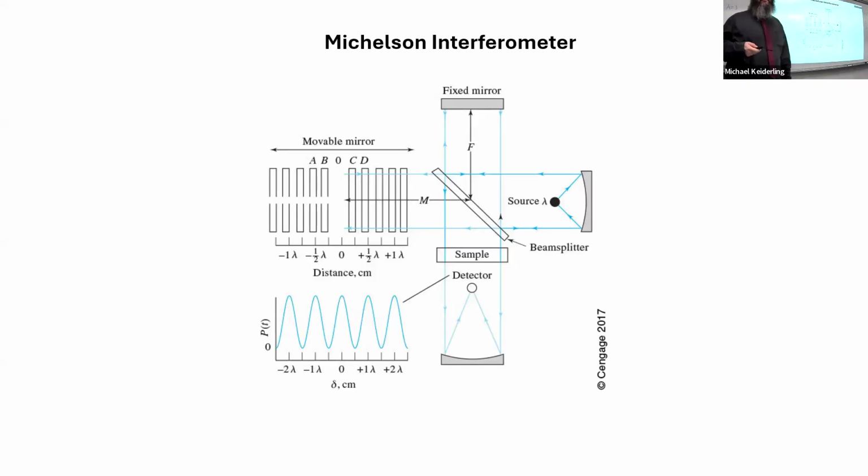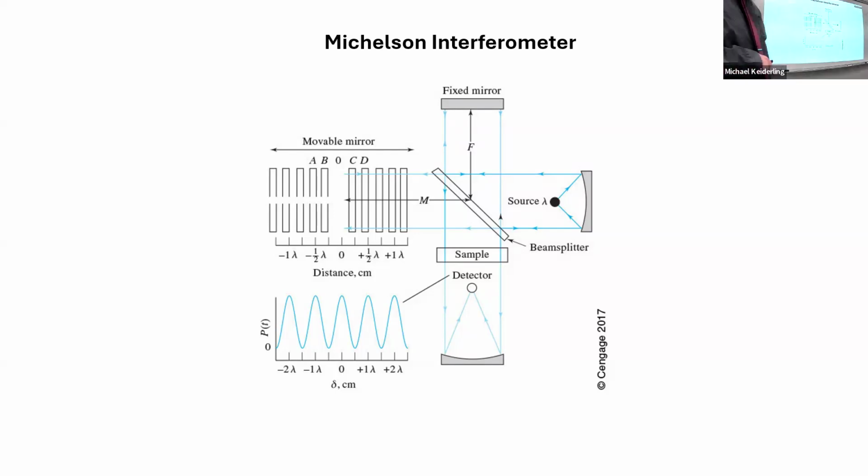Usually they use something like a Michelson interferometer with a movable mirror and a fixed mirror. As you move the mirror, this changes. You get a wave that occurs as a function of how many wavelengths you are from the center.